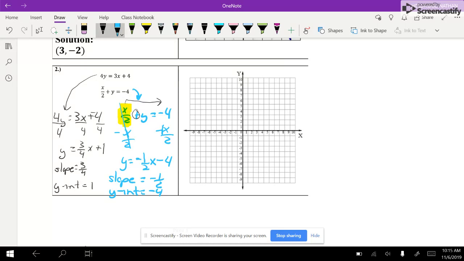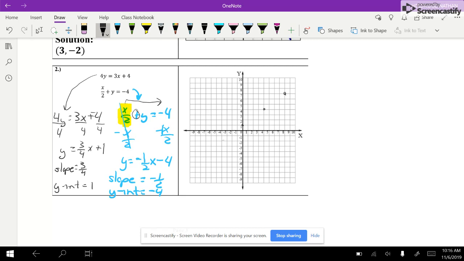Starting with the first. Let's go with the black. I'm going to start at 1, and I'm going to go up 3 over 4. Up 3 over 4. If you feel confident about it, you can move ahead of me and then just check your answers. So down 3 now.